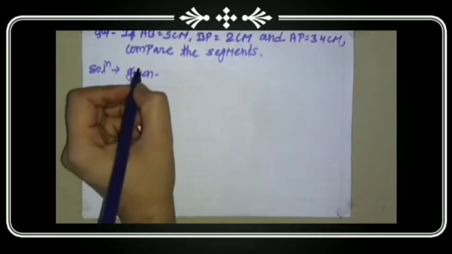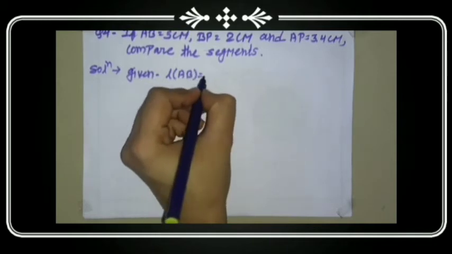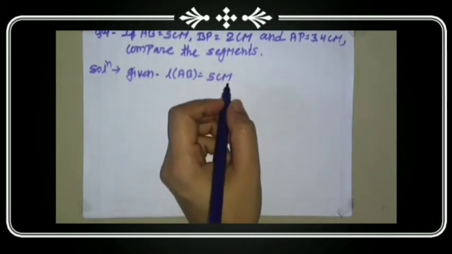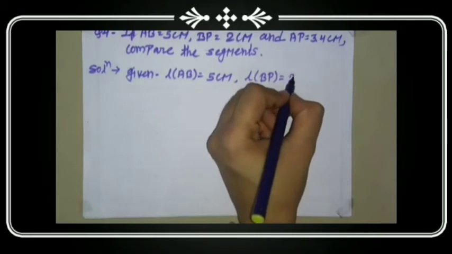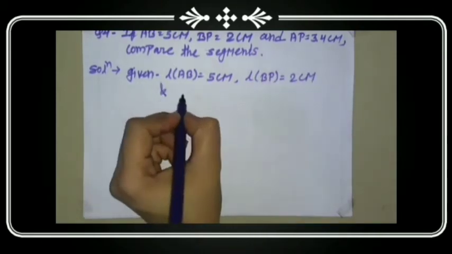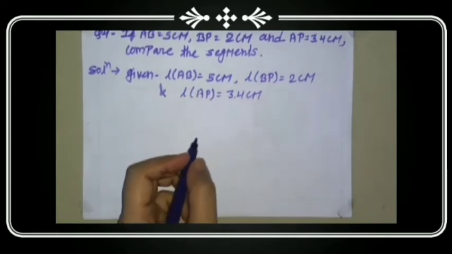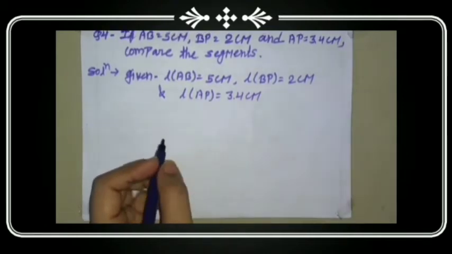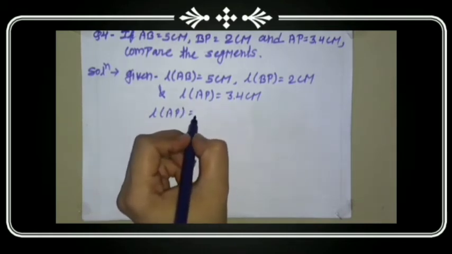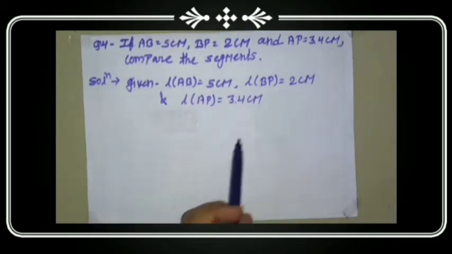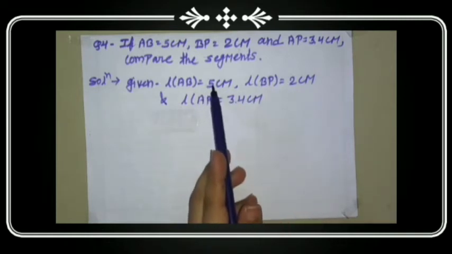Given length of segment AB equal to 5 centimeter, length of segment BP equal to 2 centimeter and length of segment AP equal to 3.4 centimeter. 2 is less than 3.4. 3.4 is less than 5.